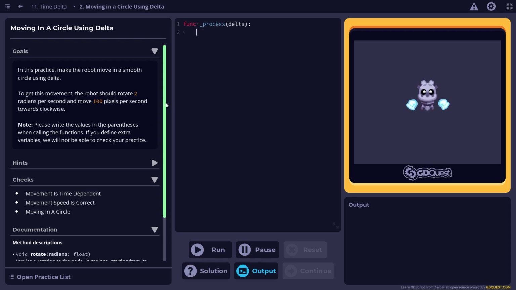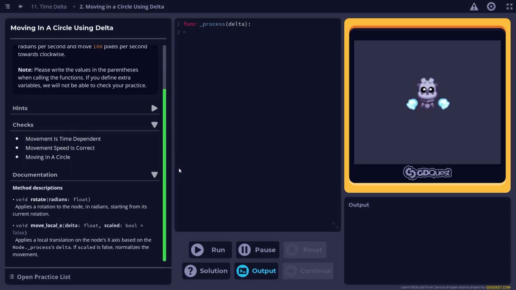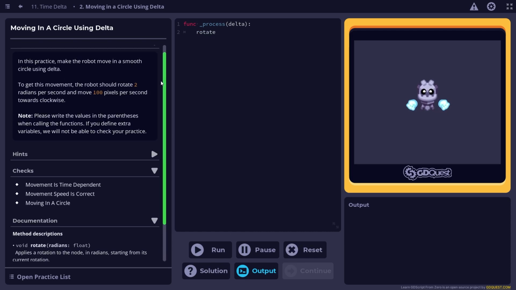Okay, let's do it. We got these methods down here, so let's start with rotate. You want 2 radians per second, so rotate delta times 2. Then we'll do the move, 100 pixels per second.